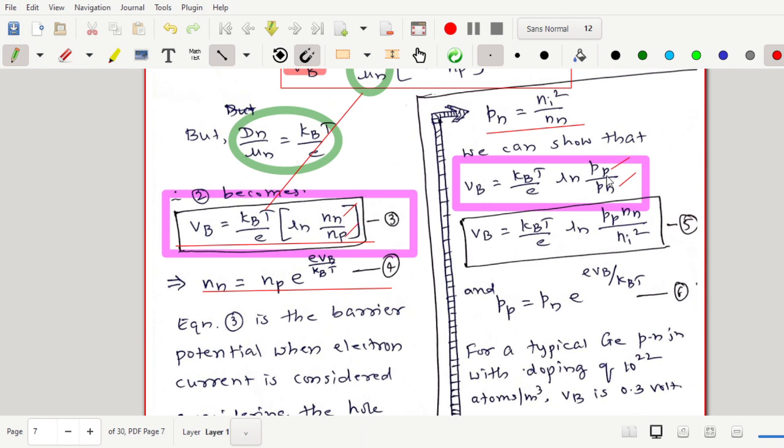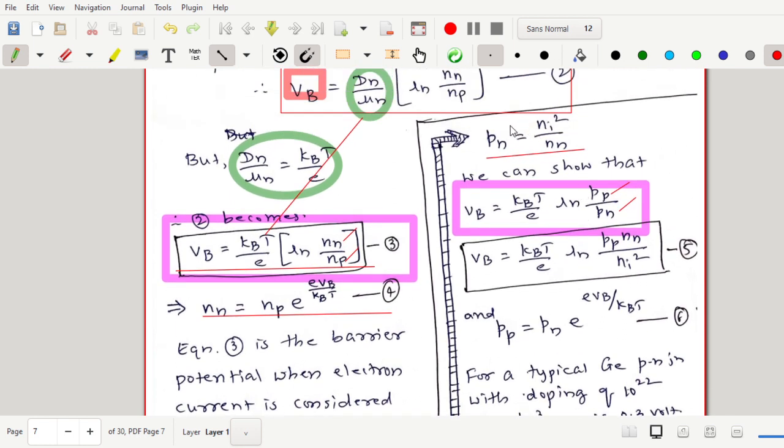I told you that P indicates the hole current and N indicates the electrons, whereas the subscripts indicate the regions: this is the P region and this is the N region. This is the barrier potential if we consider the electrons, and this is the barrier potential if we consider the holes.